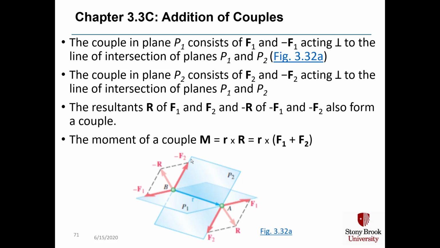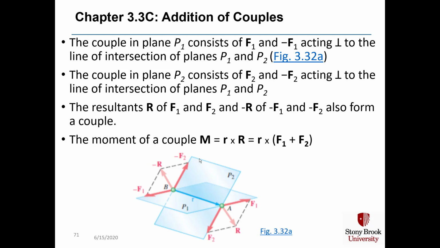The resultants of F1 and F2, so here's R, and then there's the resultant negative R of minus F1 and minus F2, also form a couple.